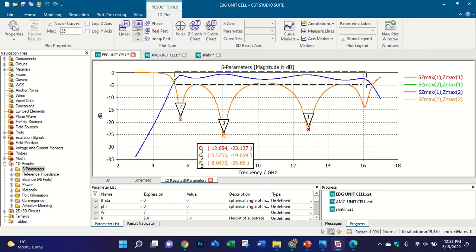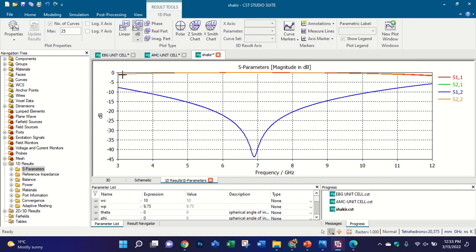It approaches 0 or is very close to 0. If it is very close to 0, then you can say your unit cell is working very well. But if you have one like this, which is not very close to 0, it may not give you good results.